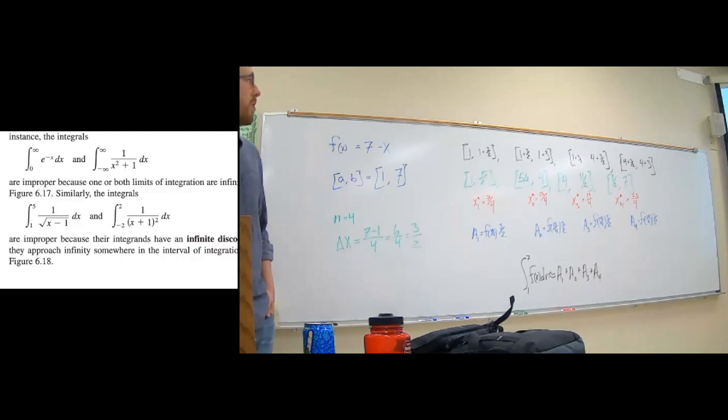Here, we've got the integral from -2 to 2 of 1 over the quantity x plus 1 squared. Well, at -1, this thing becomes 0. So we have a discontinuity at -1, and -1 is in that region, between -2 to 2.